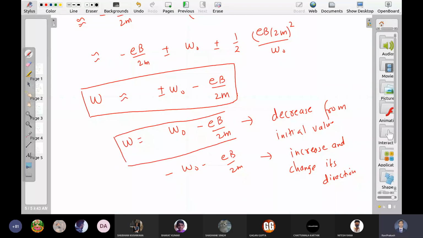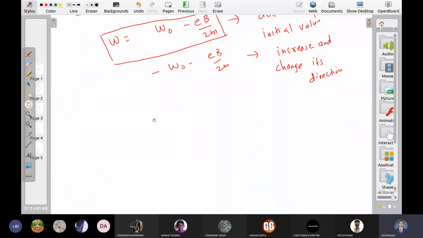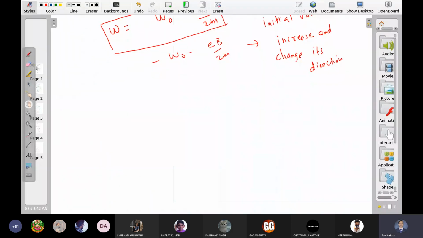इससे क्या होगा? When there was no magnetic field, what was the magnetic moment? Some constant value, direction, this. When B is not equal to 0, now it is some other value, direction same.